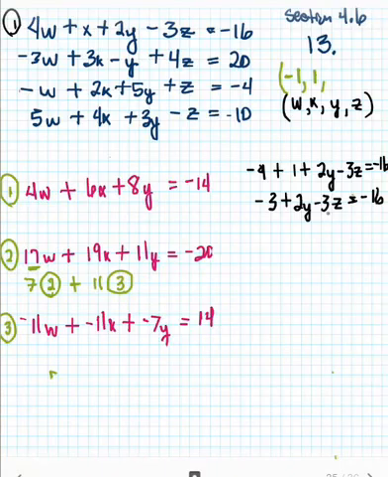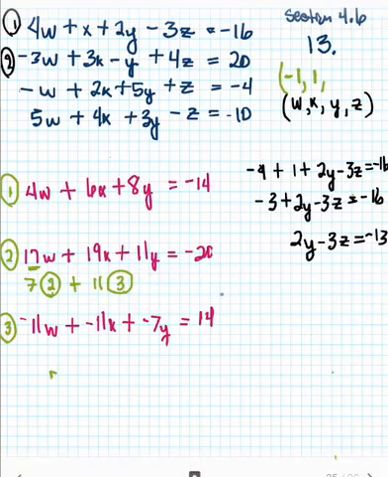And now what will I do? Add 3 to both sides. So I'll get 2y minus 3z equals -13. That's one of my equations. Now let's find the other one. Let's use this second equation right here.